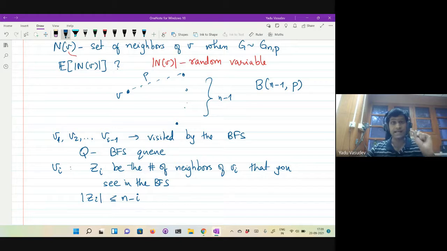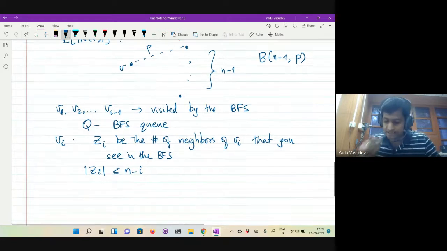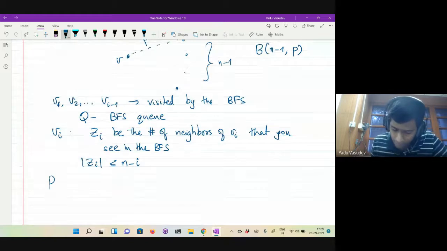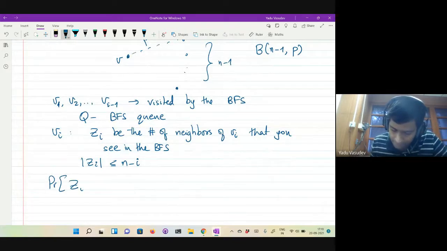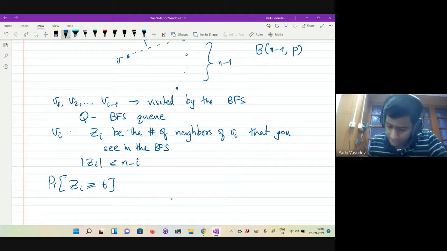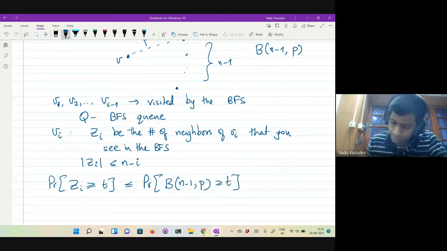You cannot say anything exactly, but what you can say is give an upper bound. The upper bound is the following: the probability that Zi is greater than or equal to some number t is bounded by the probability that a binomial random variable with n minus 1 and p is greater than t.